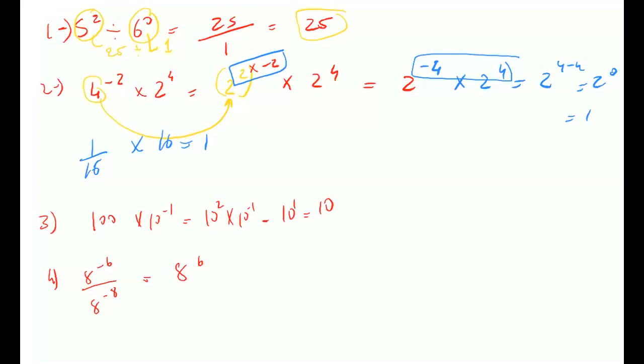So 8 power negative 6 divided by 8 power negative 8. So it's 8 power negative 6 minus negative 8, so it's 8 power negative 6 plus 8. So it's 8 power 2 equals 64.